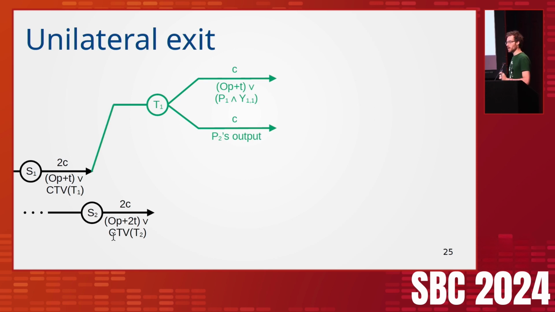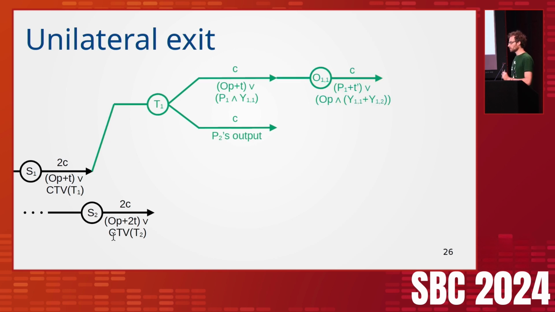And what this transaction has is two outputs, one per party. And player two's output is just like player one's output, I just don't repeat the script. And what the script says for player one is that this output can be spent either by the operator after a time block, or before the time block expires, at any time, player one can spend it, but he also has to disclose a witness to this statement Y1,1.